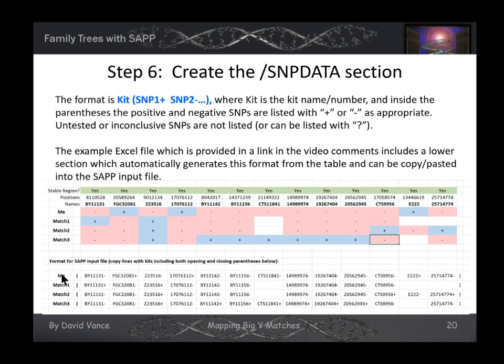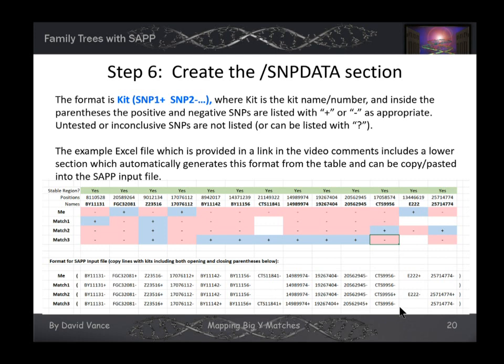So in this case, it's created the kit numbers I'm going to use with an open parenthesis, and then it's taken the SNP name from this table and the actual results, either positive or negative, and it's created the same format that SAPP's going to need. It's left blanks where necessary.